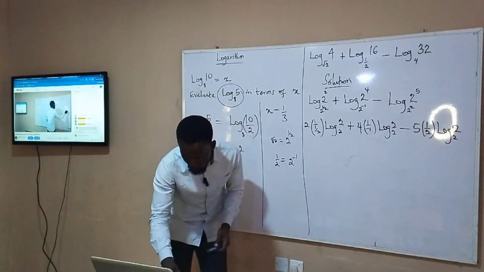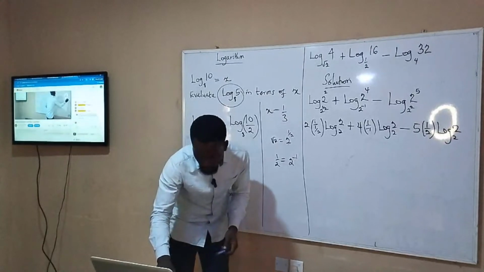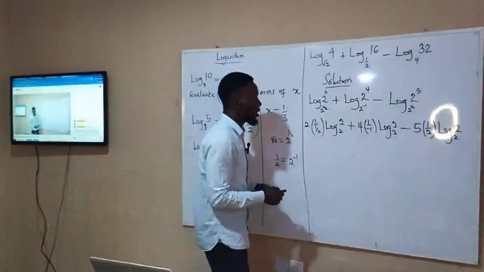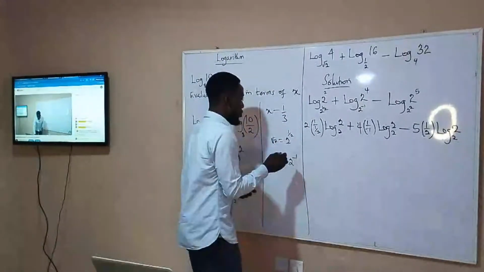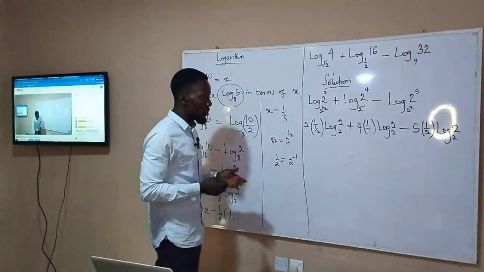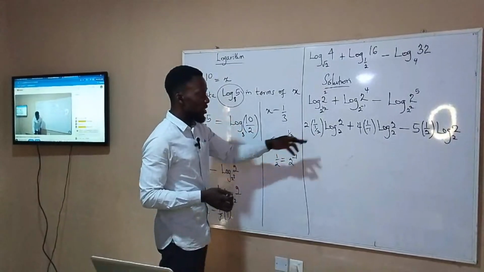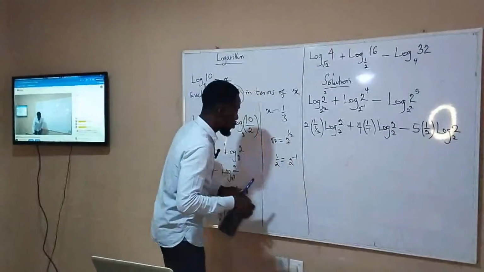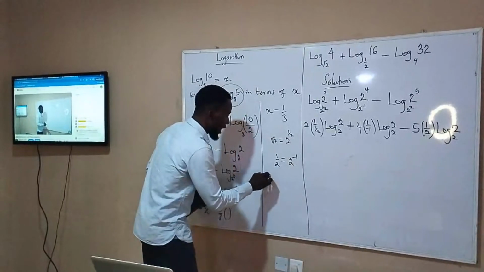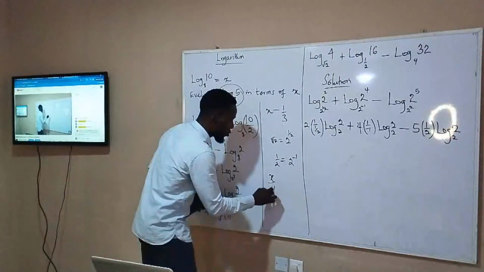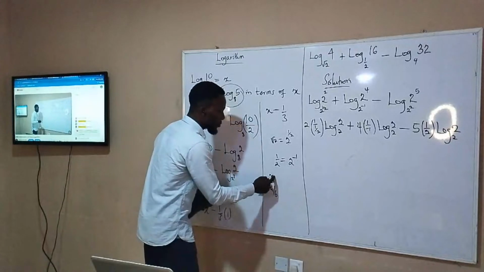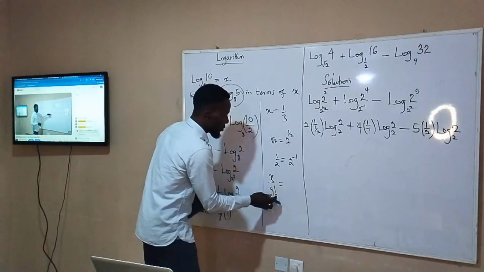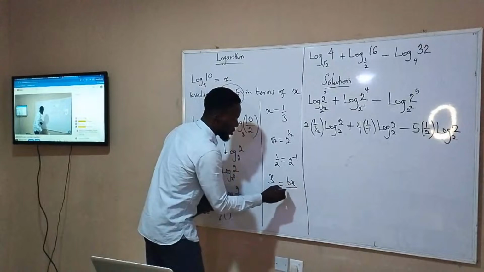Do you have any comments? Okay, we are moving forward. The only problem you are likely to face here is the one inside the box, which is very simple. Whenever you have x divided by a over b, you use b to multiply x divided by a, so you get bx divided by a.